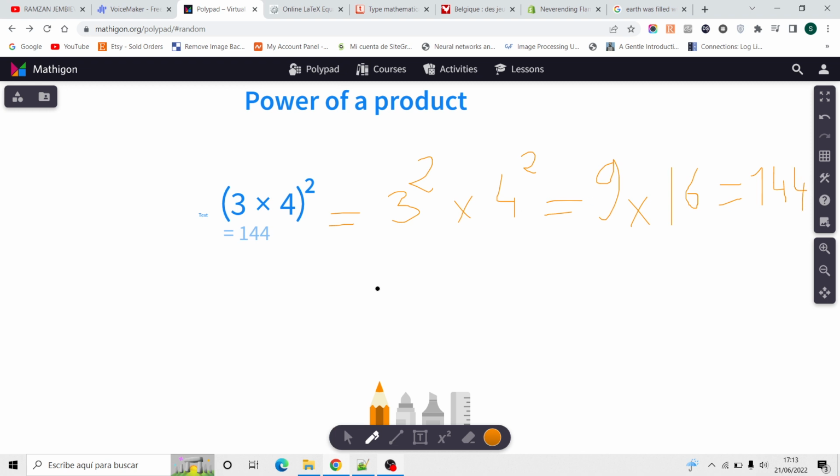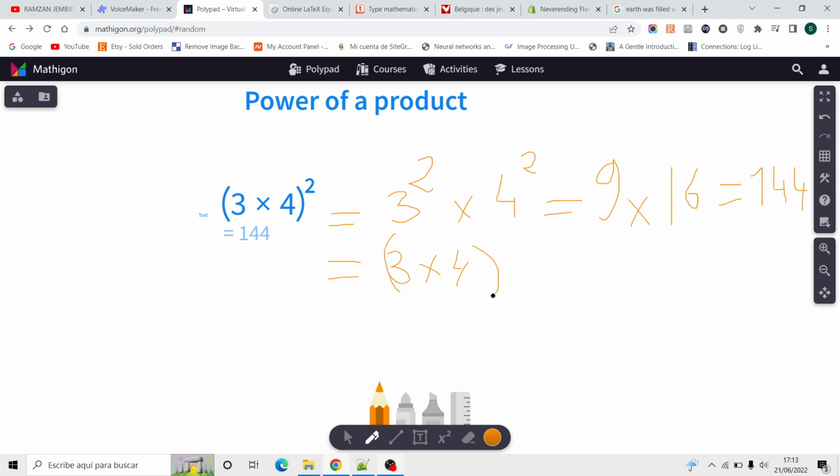Okay. So another way to calculate, if you want, you can just multiply 3 times 4 by itself. Okay.